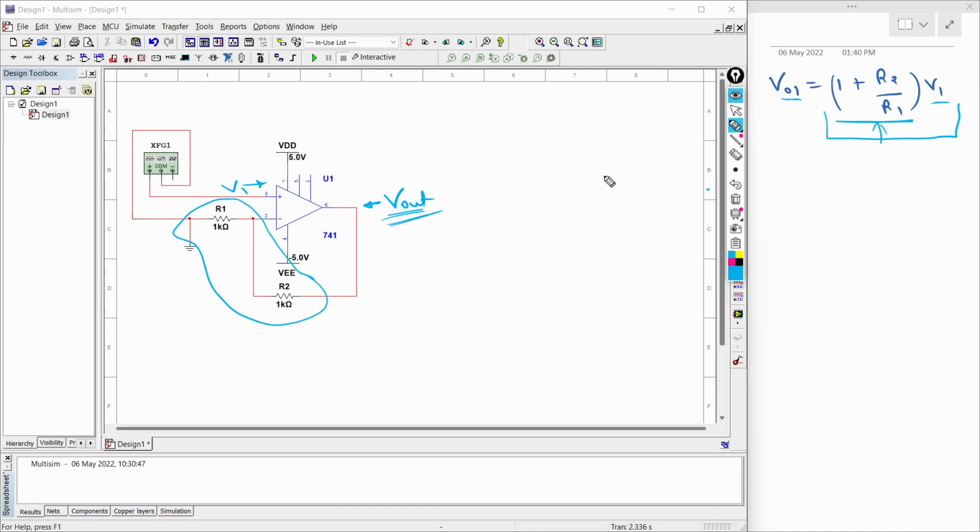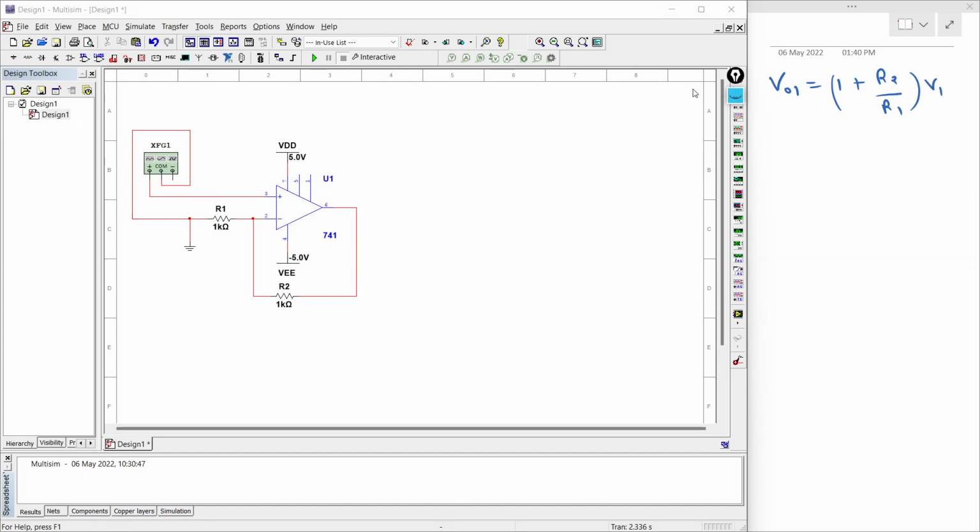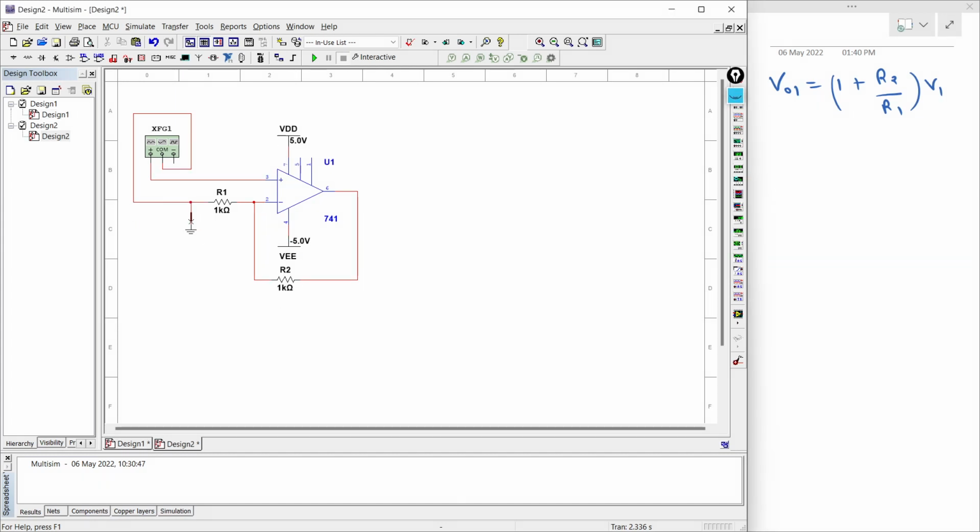Now keep this as it is and let me show you the second type of circuit. So now I'm going to prepare the circuit where, in the second type of circuit, we are giving our signal to the inverting terminal and keeping this non-inverting terminal at 0 volt.